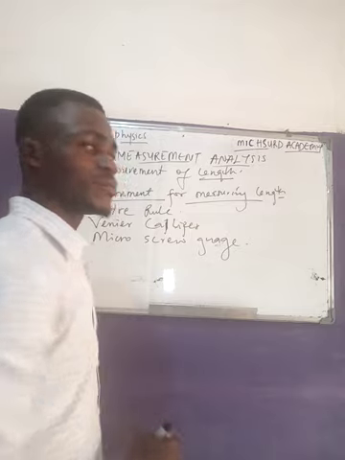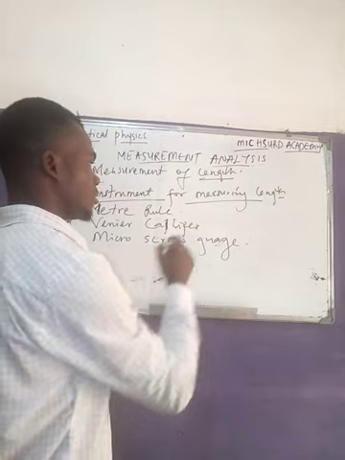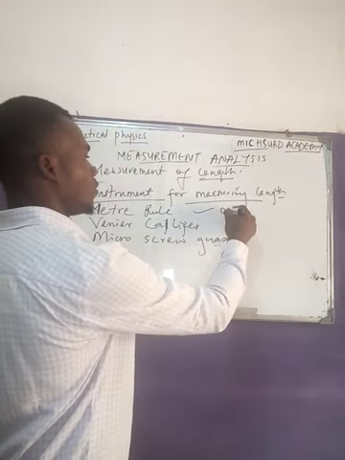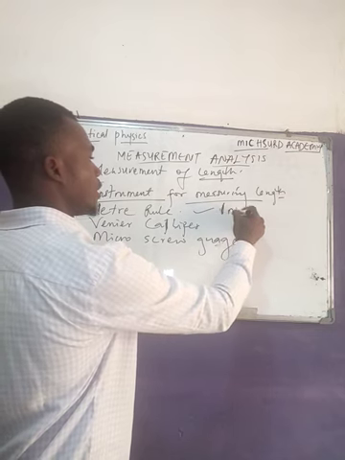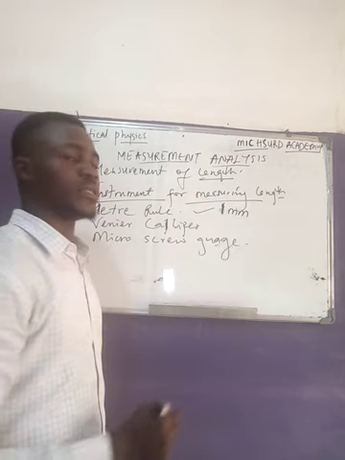The meter rule has a reading accuracy of 1 millimeter. That's the reading accuracy of the meter rule.